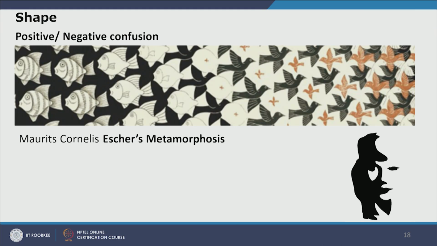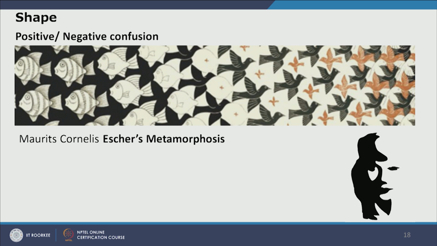This principle is called Gestalt principles, which we will discuss later in the different modules. It can even appear that the negative area does not exist. If we look at the example here, this is from Escher's Metamorphosis 2, which is actually a long painting, and this is a portion of the painting.